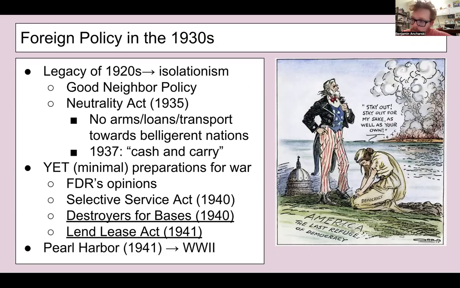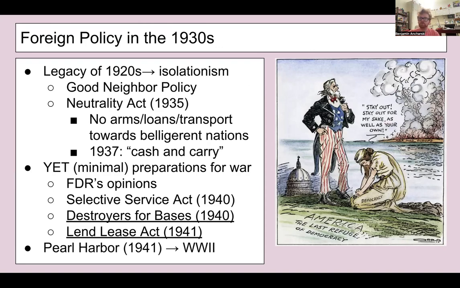World War I was pretty traumatic. World War I, as well, kind of disillusioned a lot of Americans from overseas participation in the global political side of things, especially in the League of Nations, which we did not join. However, we are going to see that there are a lot of problems that the United States is going to have to confront one way or another as time goes on.